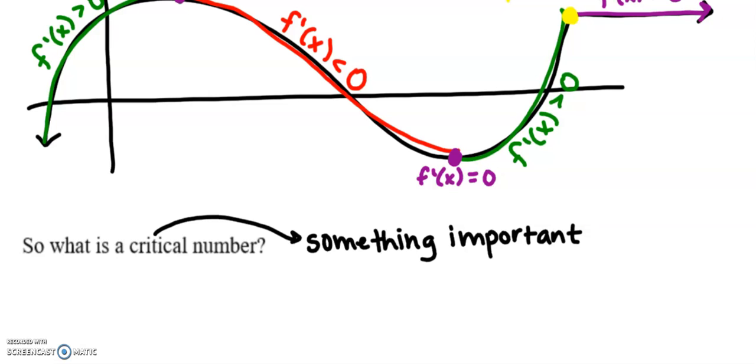A critical number for us is going to be anywhere that f prime is equal to 0, or where f prime is undefined. And that's because our derivative will be changing. Positive to negative, negative to positive, right? Or something with a 0. So in between those critical numbers is where we would define intervals of increasing and decreasing. A critical number is going to be where something important is happening.